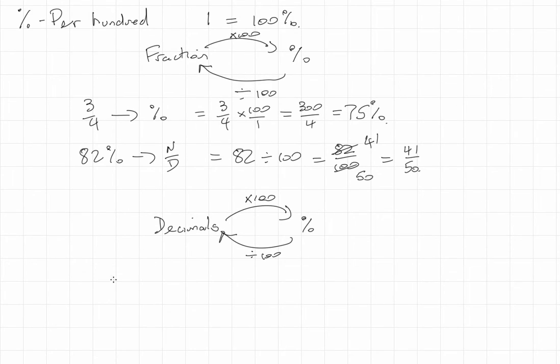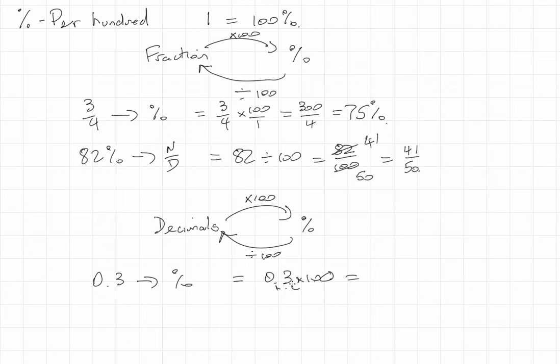So if we want 0.3 and we want that as a percent, we're going to multiply by 100, so that's 0.3 multiplied by 100. Multiplying by 100, we see that there are 2 zeros, so it means we just move 2 decimal places to the right.